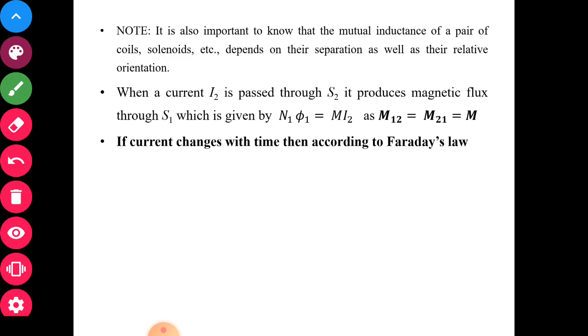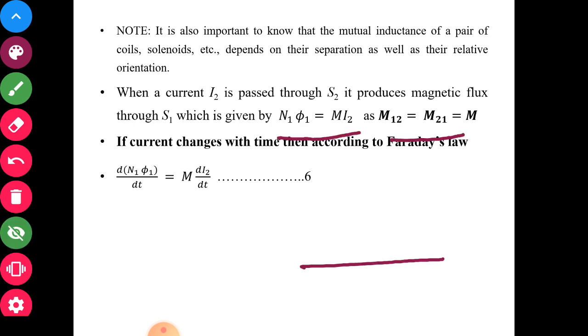So if the current changes with time, according to Faraday's law, what will happen? Flux changes, and the flux change will produce the electromotive force. So we take the differentiation of this equation, because now you are changing the electric current with the help of some rheostat or some other device externally connected.